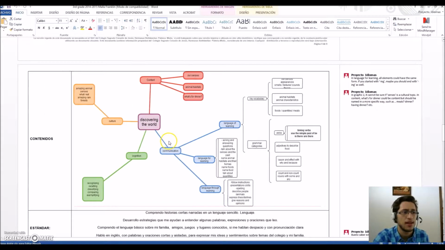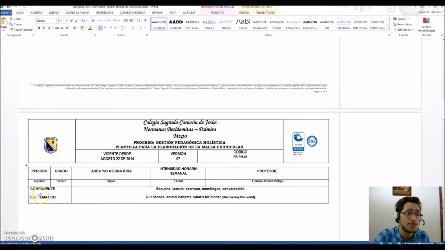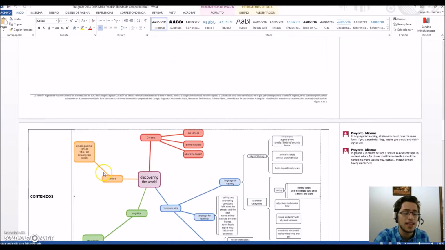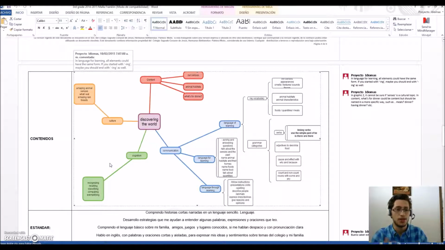What does it mean? For example, if this is the first term or the second term, you take the units of the book that belong to the second term of the year and you find in those units these 4Cs.